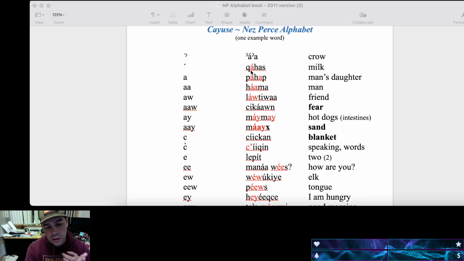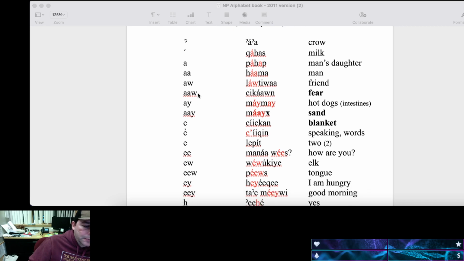All the letters are going to be pronounced exactly the same, and there should be a stress indicator on every single one, and that's important. Putting the little glottals and stuff on all these letters is really important too. It can change the meaning of the word almost embarrassingly. We'll talk about that in a second.